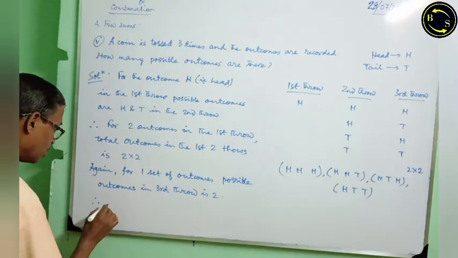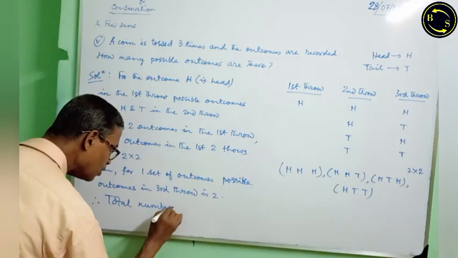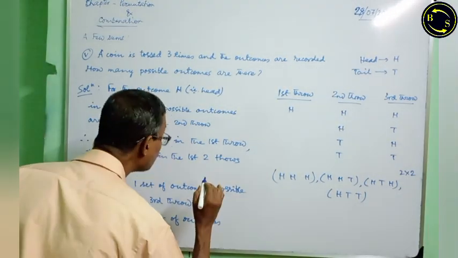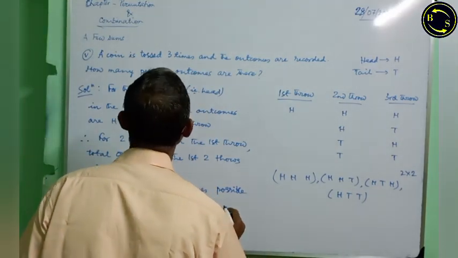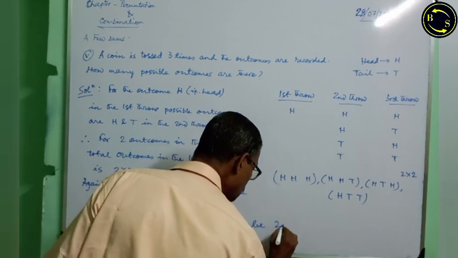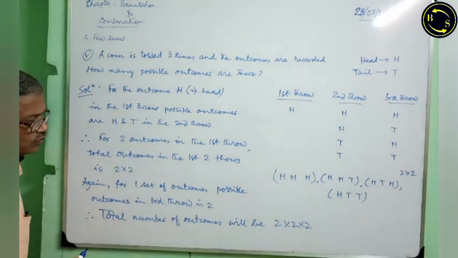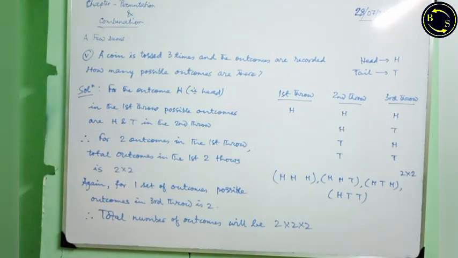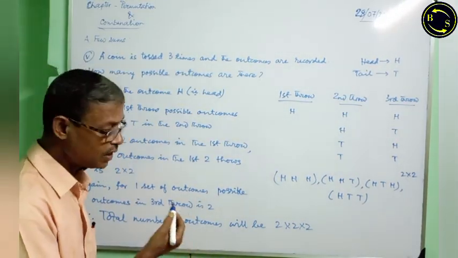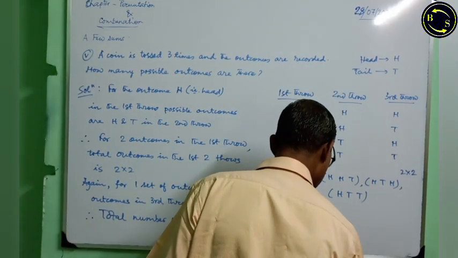Therefore, total number of outcomes will be 2 into 2 into 2. For the first two, 2 into 2. Now if we consider the third one, 2 is to be multiplied with the previous result. Total number of outcomes will be, that is 8.